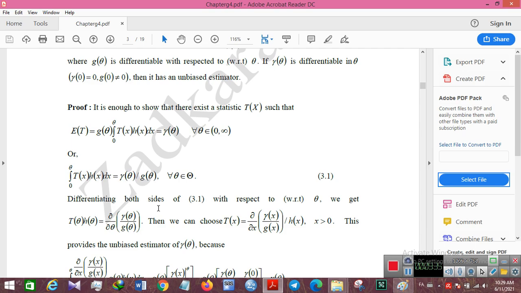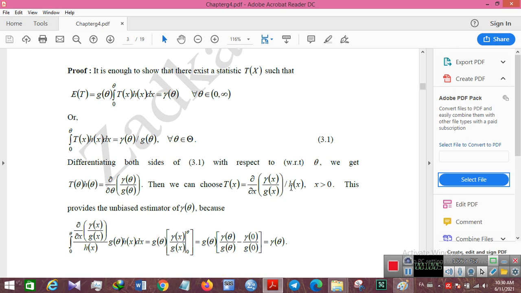If we take the derivative of both sides of equation 3.1, we can find T(theta) h(theta) equal to gamma prime(theta) over g(theta), the derivative of gamma(theta) over g(theta), and so T(x) is this one.